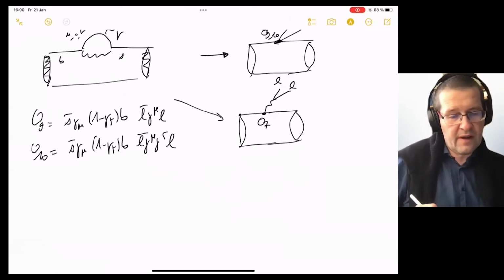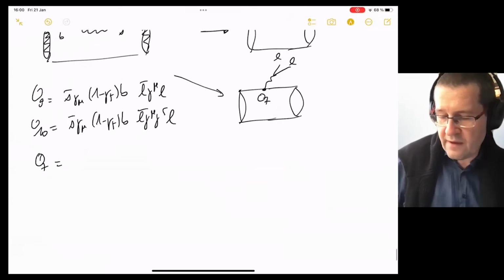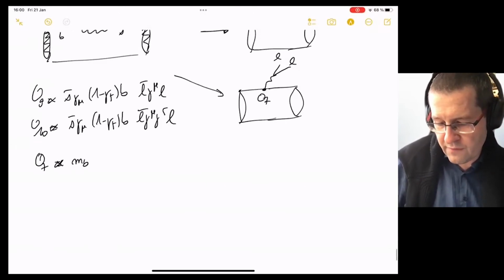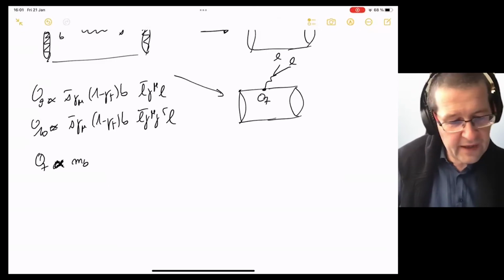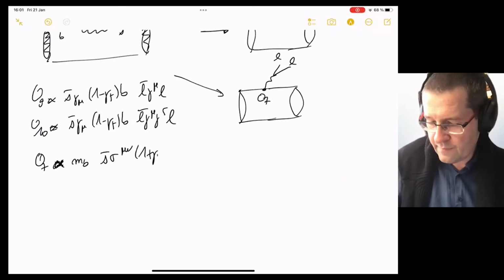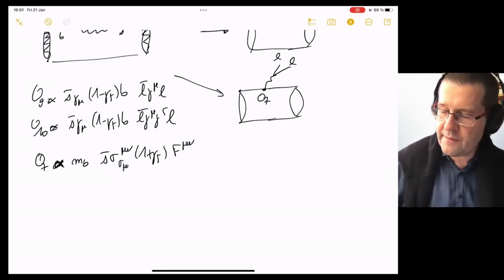Here for O9, and then you've got O7, which is proportional to, because you've got different normalizations for this one, b bar sigma mu nu.